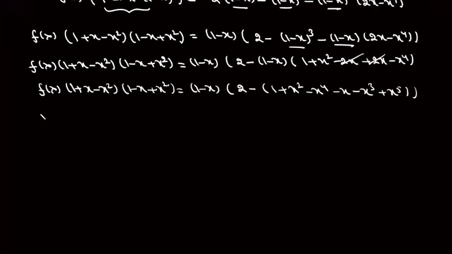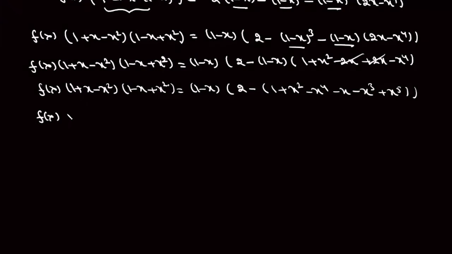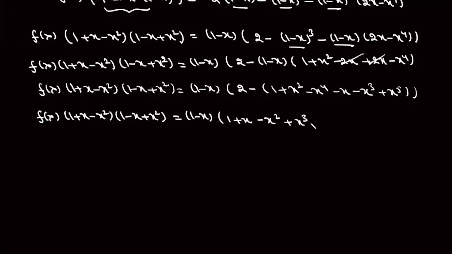Now we can write this as f(x) into (1 + x - x²) into (1 - x + x²) into (1 - x), and this is (1 + x - x² + x³ + x⁴ - x⁵).